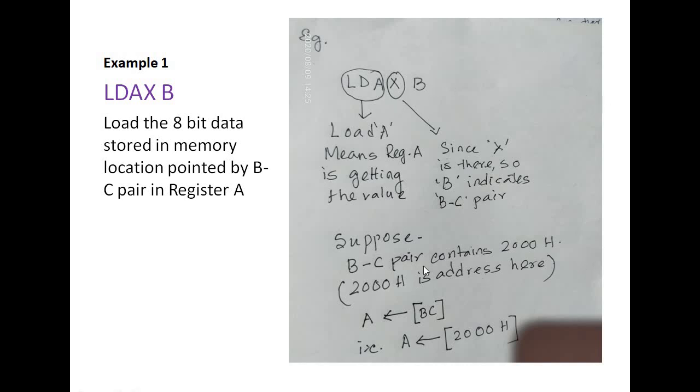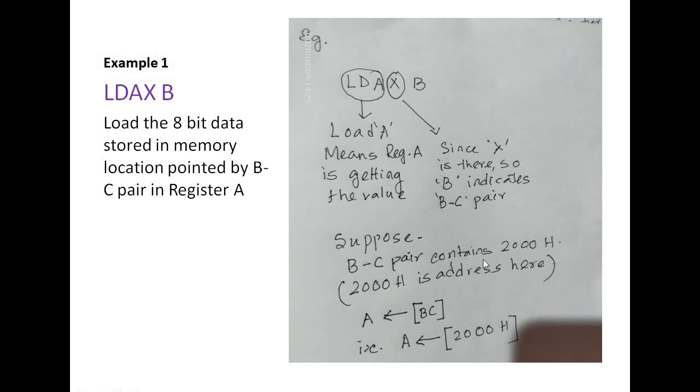BC pair. So what does the BC pair contain? It contains memory location 2000H. So the processor will first note the BC pair, then note what address is there in it, 2000H. It will go to the memory location 2000H, then from 2000H it will load the data into the accumulator.